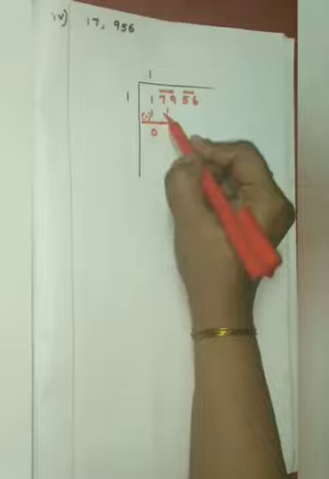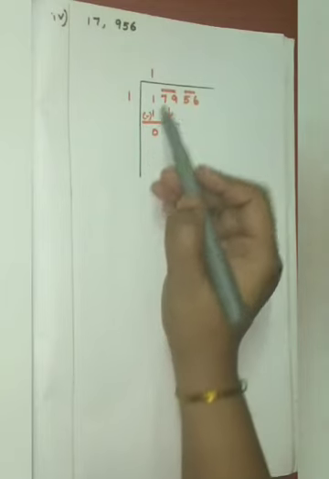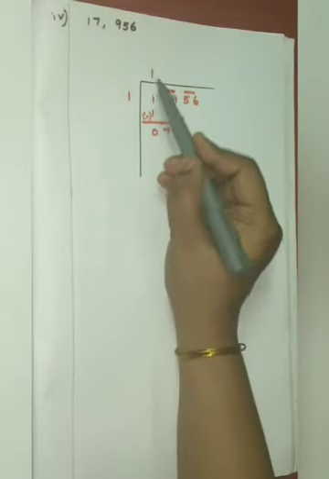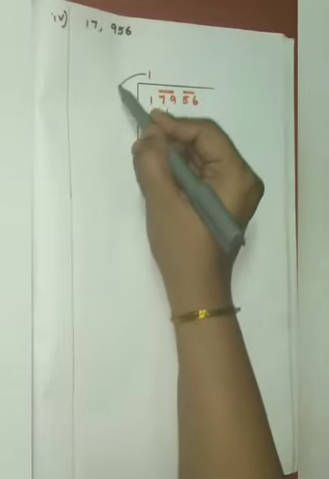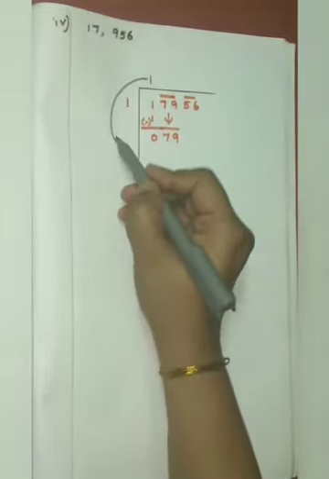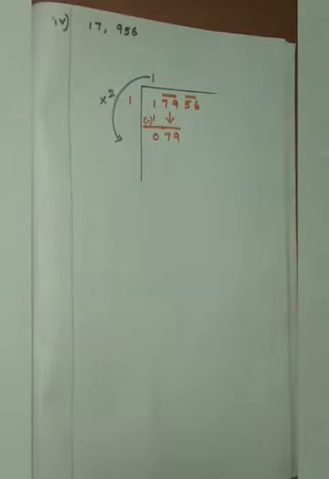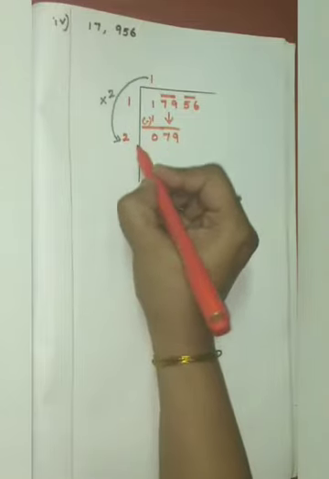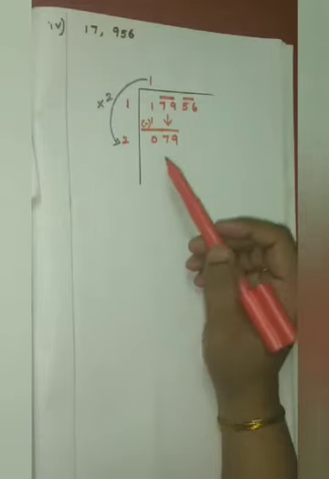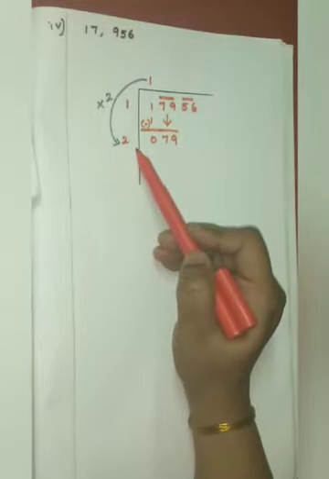Bring down the next period 79 to the right of the remainder. To find a new divisor, multiply the quotient by 2. 1 2s are 2 and leave a blank space next to it. The new divisor is 2 followed by a digit.